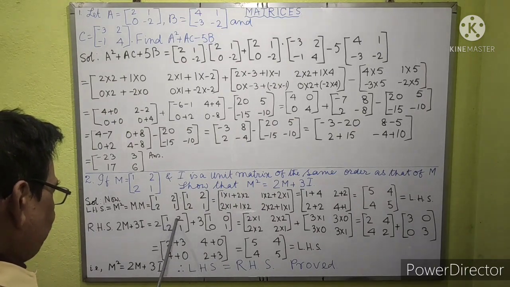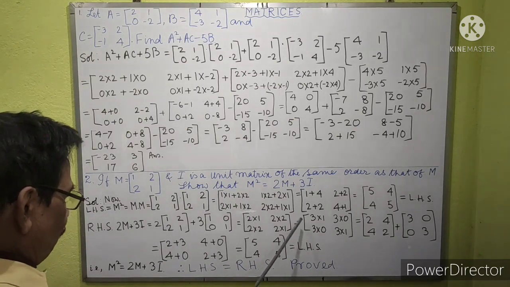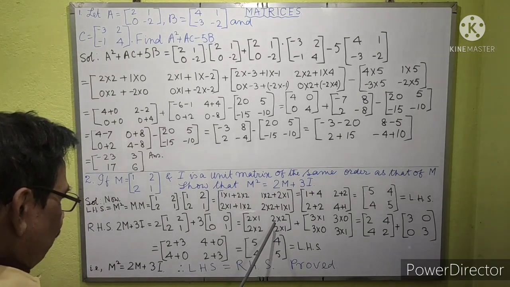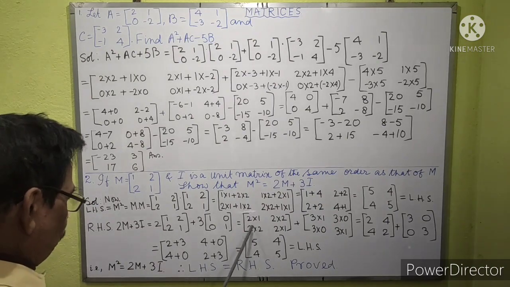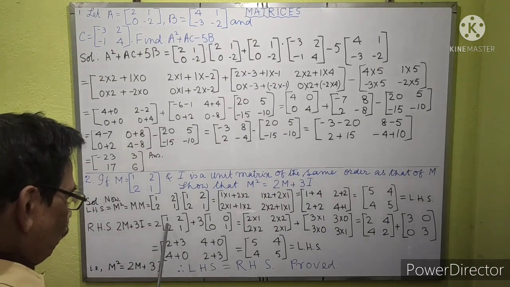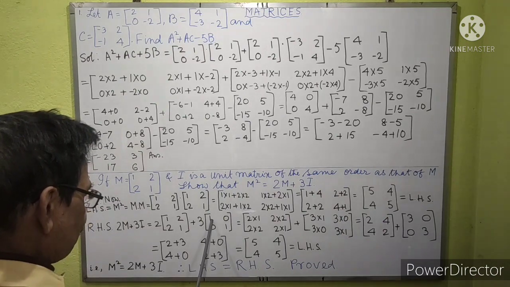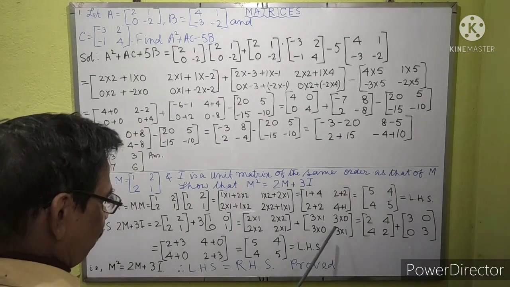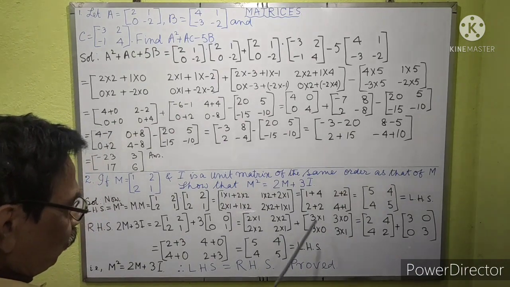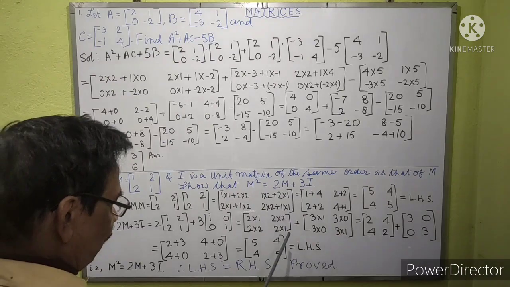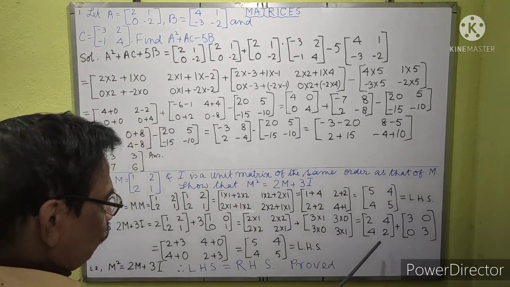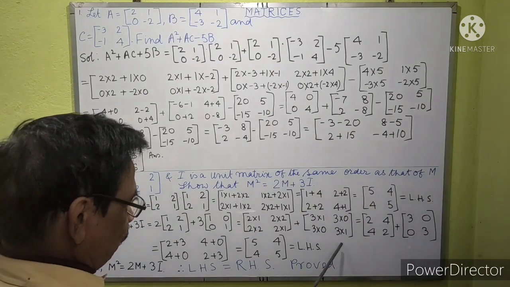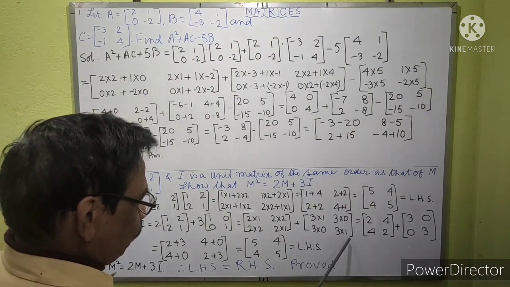Here multiplying with this 2 we will get 2 into 1, 2 into 2, 2 into 2, 2 into 1, and multiplying with this 3 into 1, 3 into 0, 3 into 0 and 3 into 1. This is 2 into 1 equal to 2, 2 into 2 4, 2 into 2 4, again 2 into 1, that is 2, and this is 3 into 1 3, 3 into 0 0, 3 into 0 0 and 3 into 1 3.